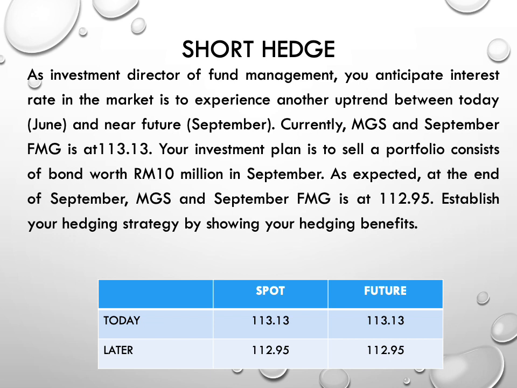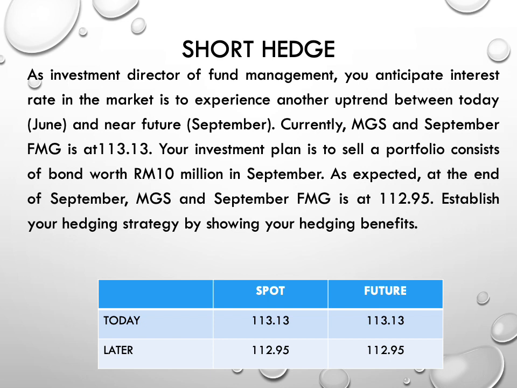That means you plan to sell bonds worth 10 million in September. So if you plan to sell bond in the future, to protect that transaction, you need to use short hedge strategy. And then you need to identify what is the spot and futures price today and later.